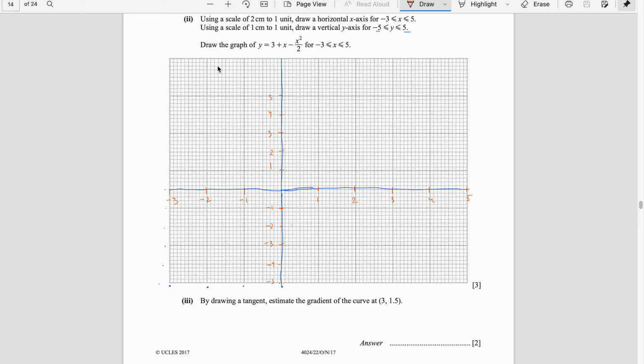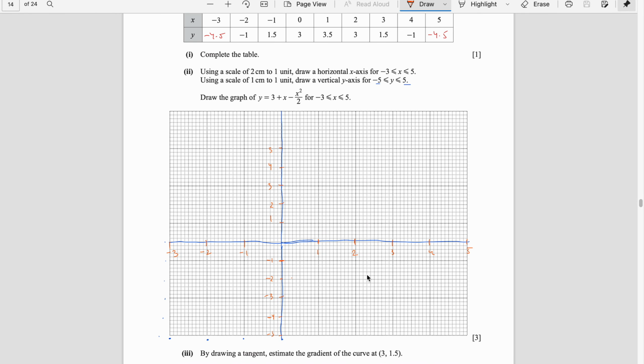So let's now go for the plotting. Minus 3, minus 4.5.